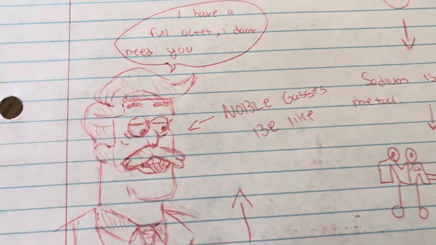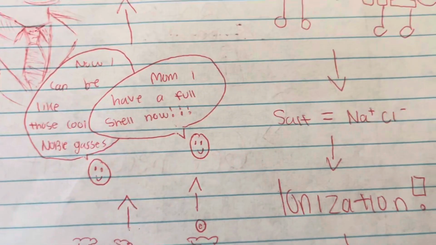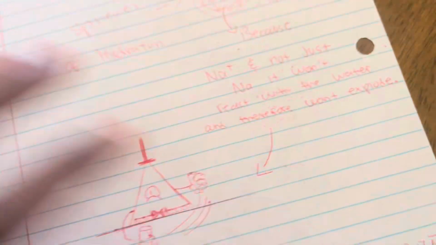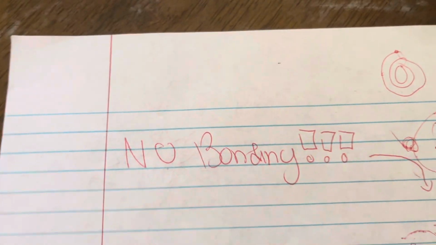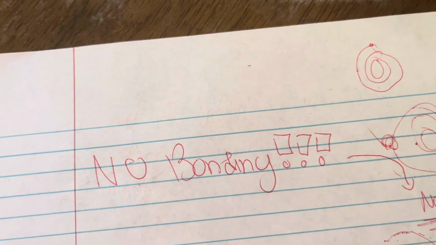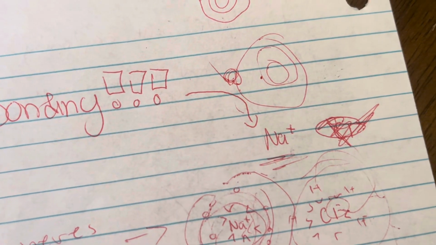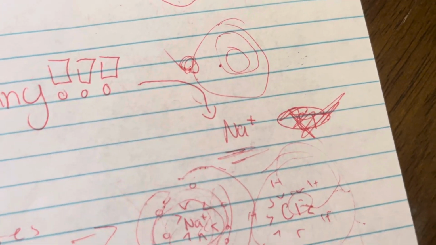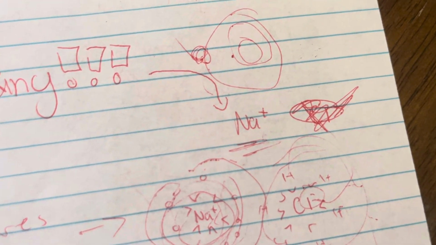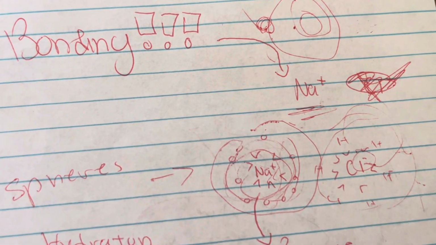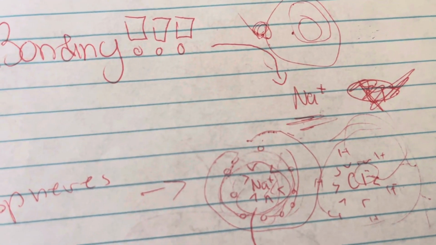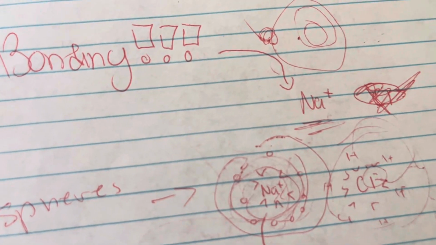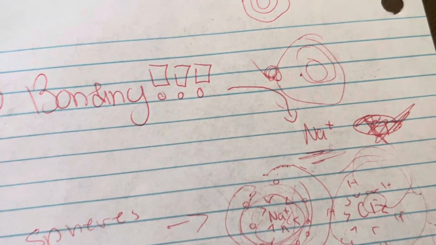So, what does this have to do with these guys again? I kind of already told you, but let's just re-go over it. So yeah, anyways, they don't like to bond. And because this is all from the last time I recorded the video, but because sodium and chlorine are functioning this way, like noble gases, they also aren't going to bond because they have full octets.